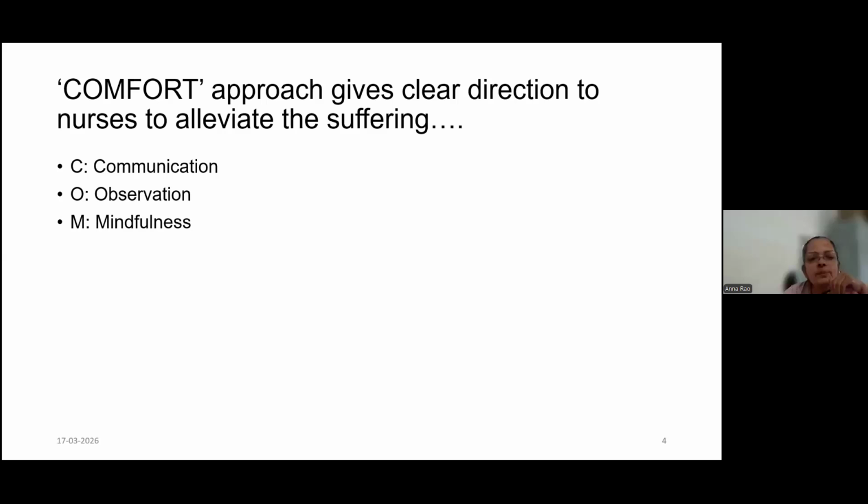Mindfulness, again, very important. Many times we do give care, holistic care, to the patients, but what about our own health issues? So we need to focus on our own health also, along with the patients. Family support is also very essential.